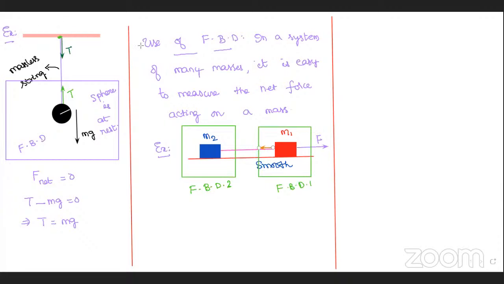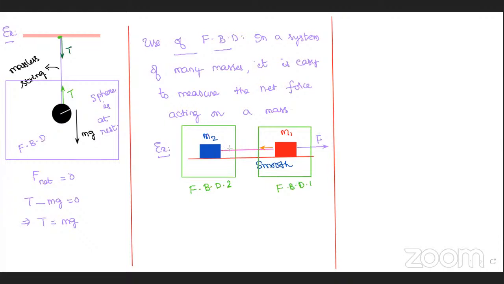Okay, good. Here, if I take the tension towards left, then at the other mass, in what direction I have to take the tension? Towards right, good. So shall I draw towards right? Okay, good.